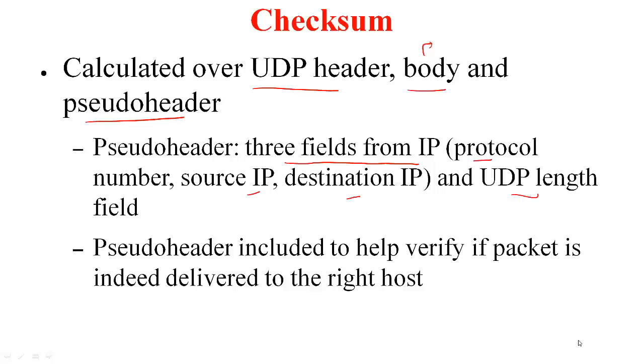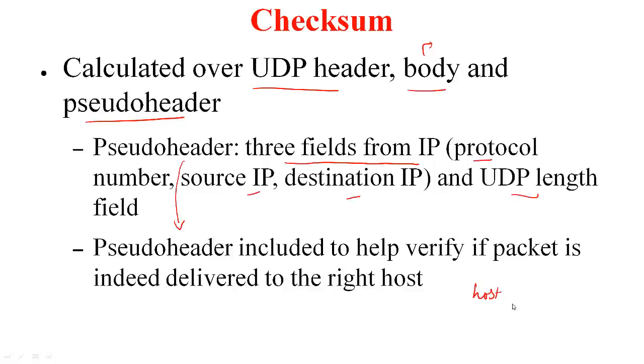So why is this done like this? You basically want to include the pseudo header to ensure that this particular packet is delivered to the right host. What if some intermediate router changed the destination IP address and recalculated the IP checksum and passed it? This packet is finally going to come to this particular host, which is not the correct destination.